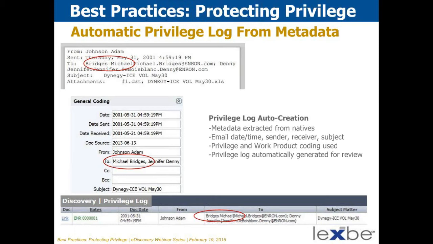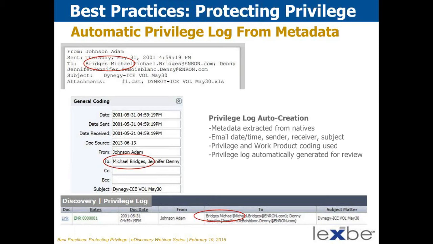This slide shows creating an automatic privilege log from metadata. In modern systems, when the documents come into the document review system, the available metadata will be extracted, including date sent, received, subject line, and type of document.